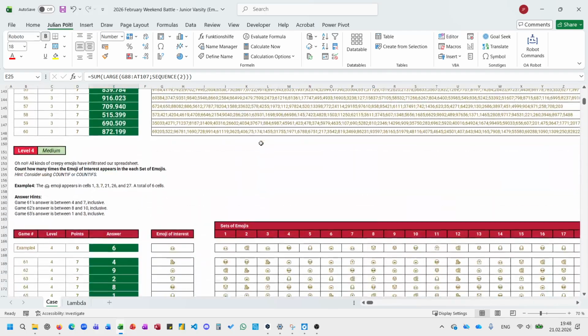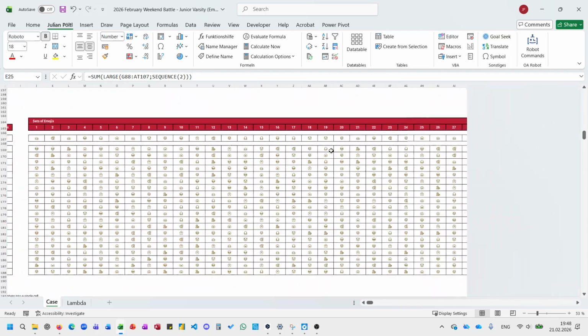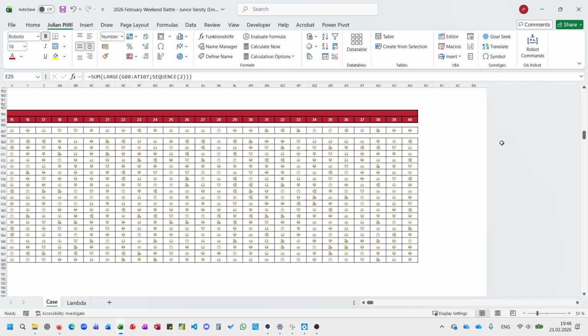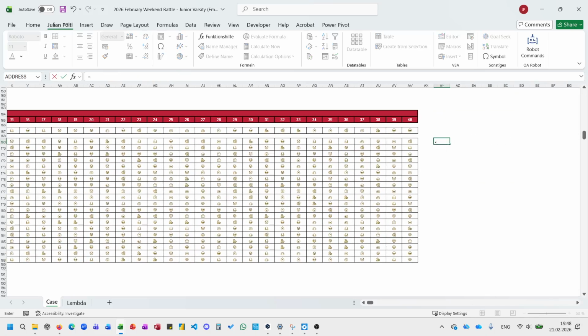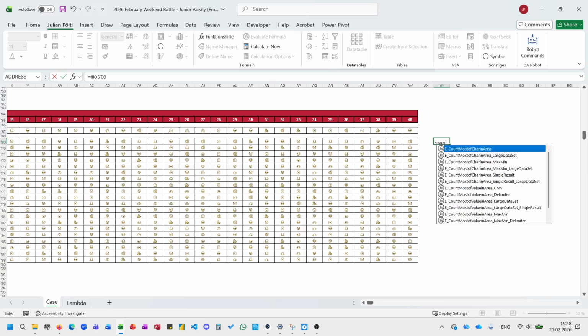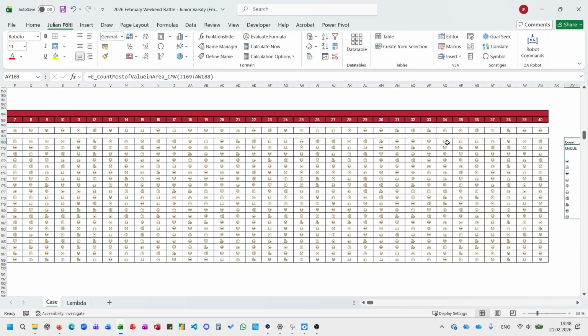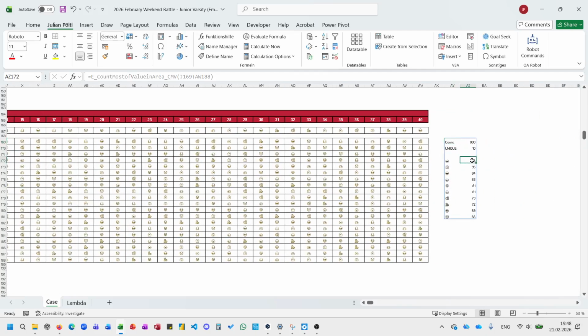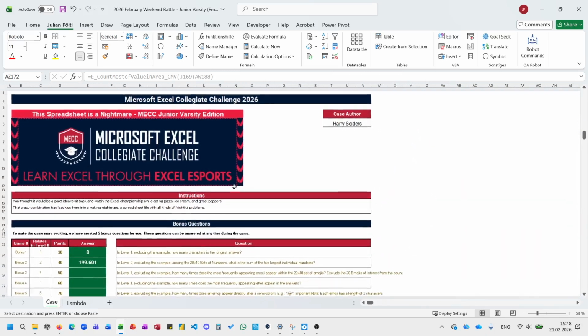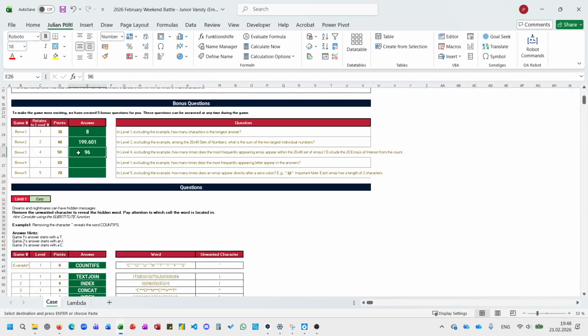Okay, no emojis of interest. So basically either group by or some lambda solution. And the answer is 96. You could also call and group by and then count A would also work.